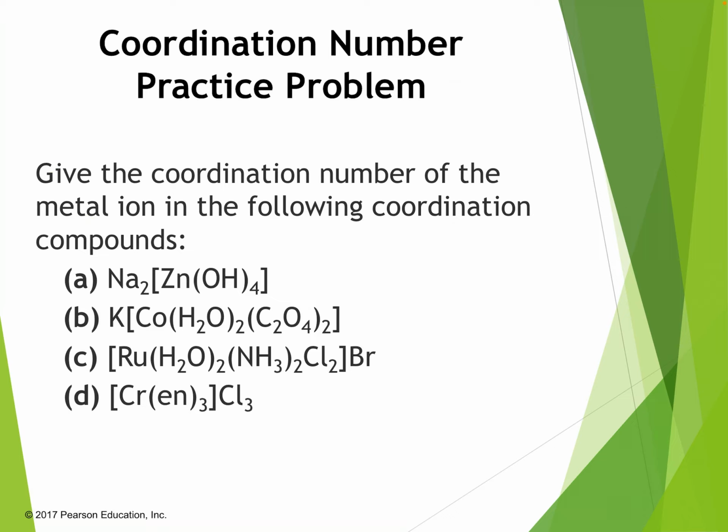And then from there, figure out how many bonds are being formed to the metal ion. Not necessarily how many ligands total, but how many bonds total. So I want you to go ahead and pause here. It may help you to look at that chart of the monodentate, bidentate, and polydentate ligands. But pause here, try it out, come back when you're ready.